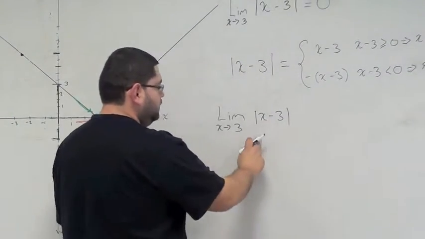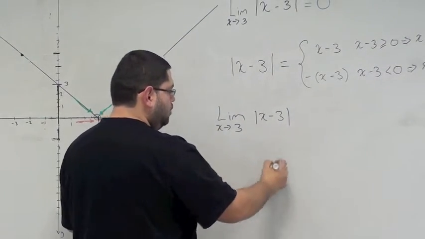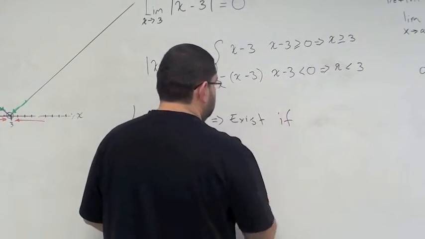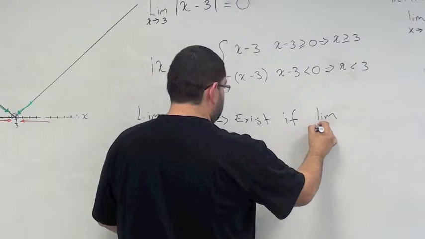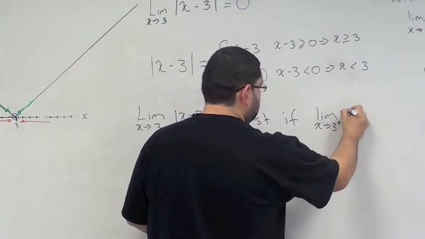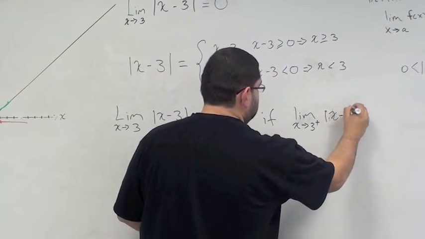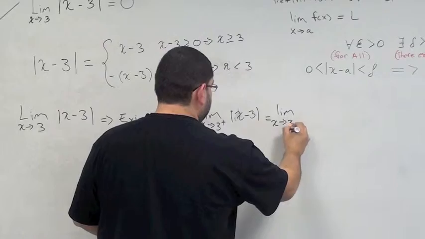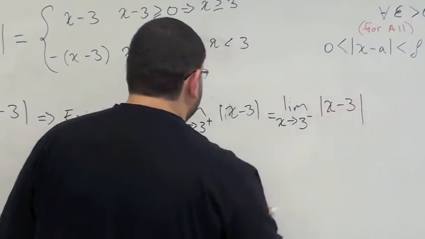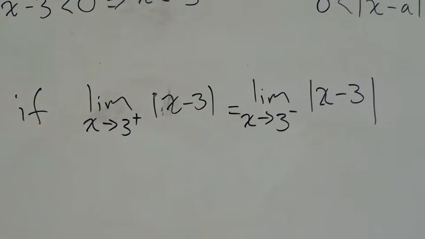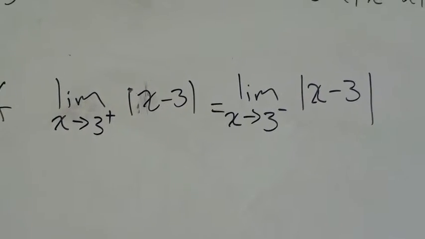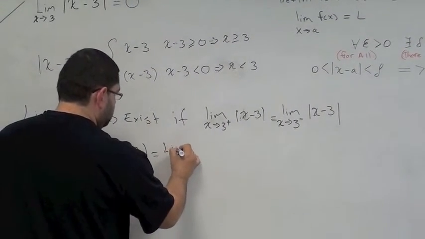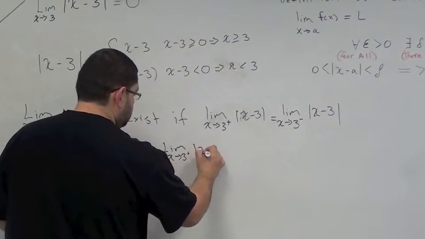So I will say that in order for this limit to exist, if my limit when I approach x from the right of the absolute value is equal to the limit when x goes to 3 from the left side of my absolute value, then I can say that this limit exists, and this limit will be equal to my answers from these two limits, from both sides.